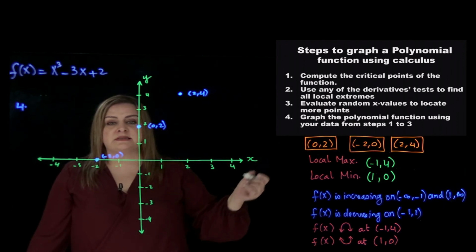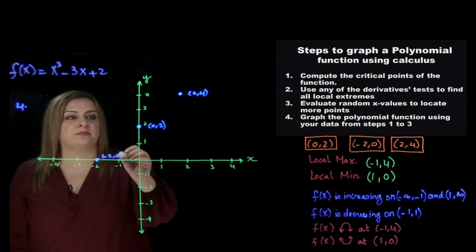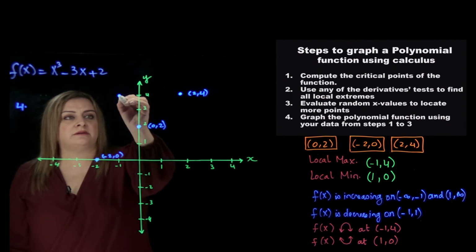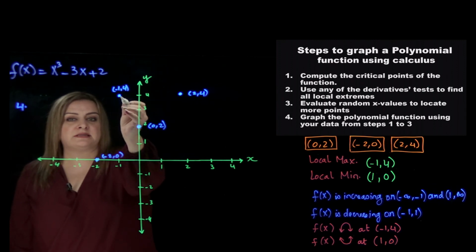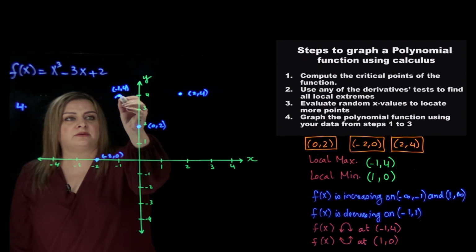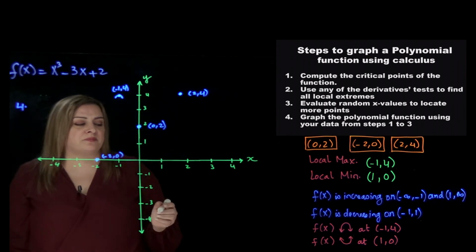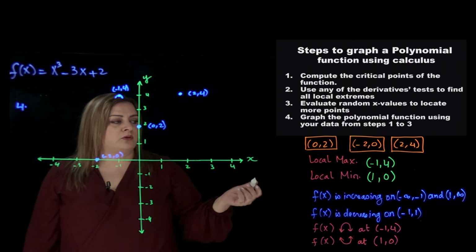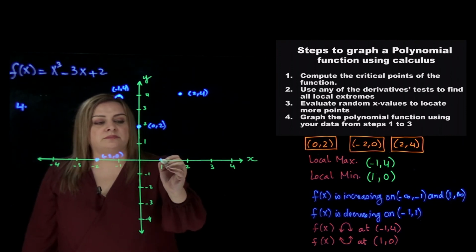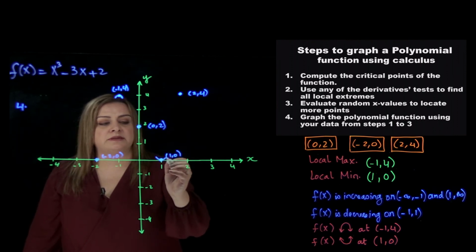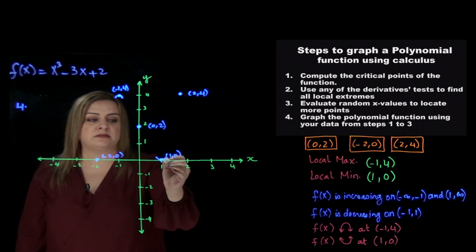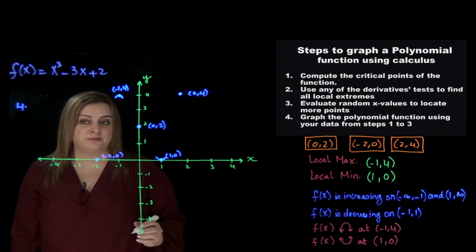The local max is at (-1, 4). It's somewhere here. We know f of x is concave down at this point, so we can just curve concave down around this point. The local min is at (1, 0). And we have f of x concave up here, so we can just curve concave up around this point.